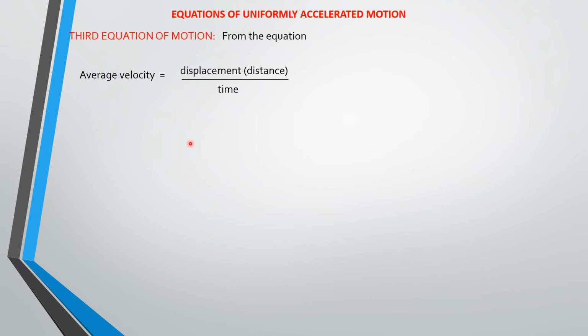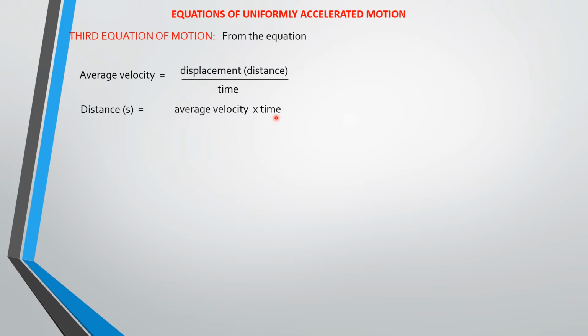Okay, so for us to derive the third equation of motion, we saw that from the second equation of motion, we got that average velocity is equal to displacement all over time, or distance all over time. And we also saw that distance traveled is equal to average velocity times time.